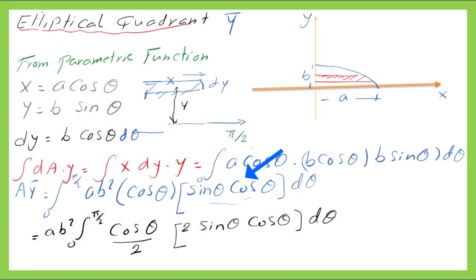We will multiply it by 2 and divide by 2 to convert it to the expression of sin 2 theta. So ay bar equals ab squared integration from 0 to pi over 2 of one over 2 by 2 sin theta cosine theta. For the 2 sin theta cosine theta, it's equal to sin 2 theta.